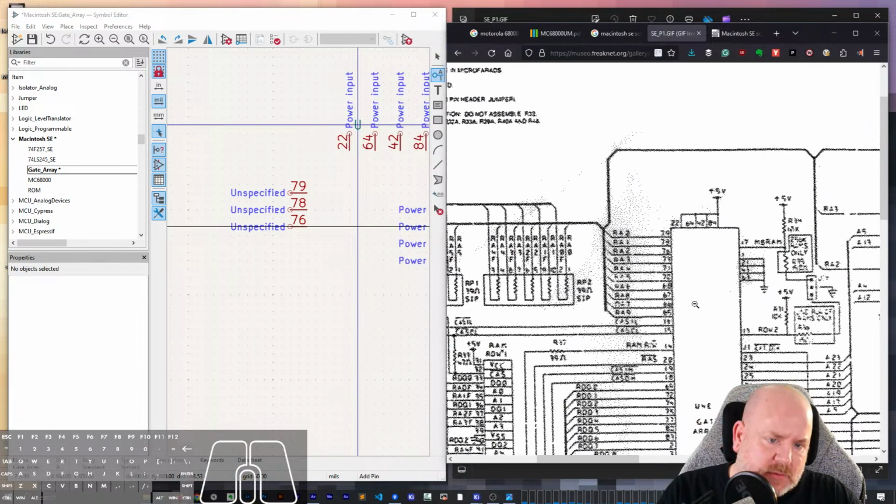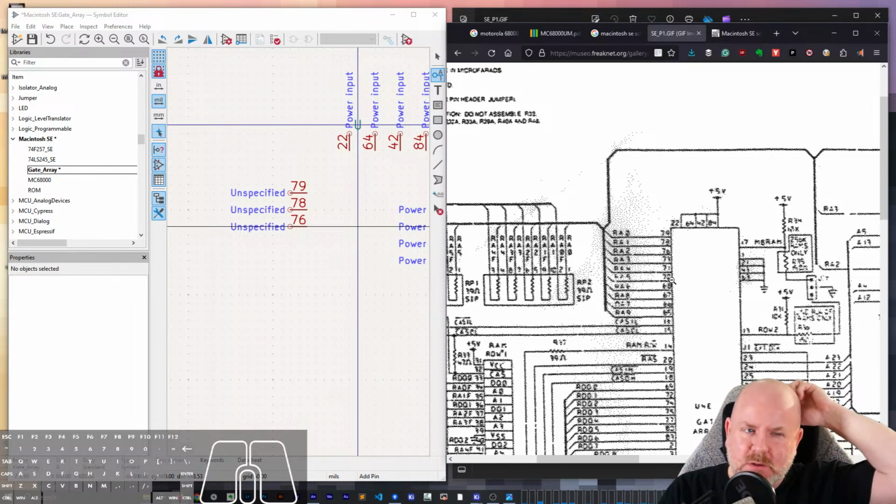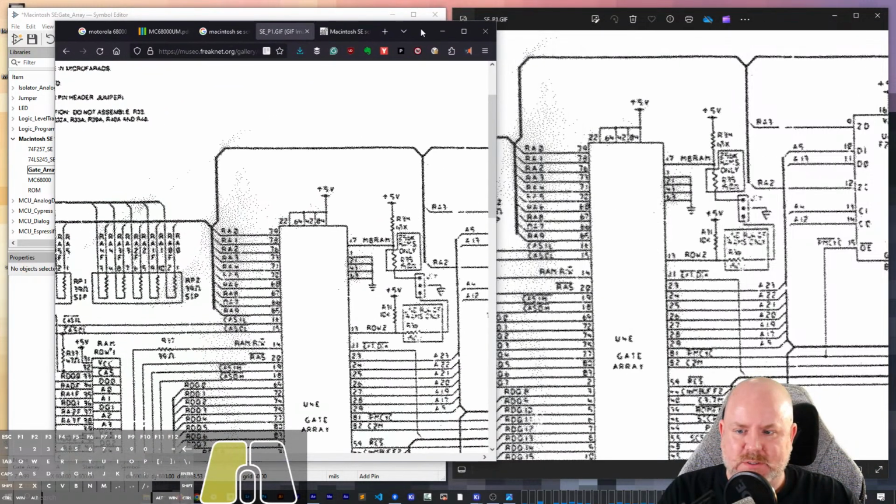It's because I can actually see the numbers in this one: 79, 78, 76, 73, 1, 2. So this is slightly more legible than the other one that I'm looking at. I don't understand how that works, but I wonder if somebody just cranked up the contrast. That's kind of what that looks like.